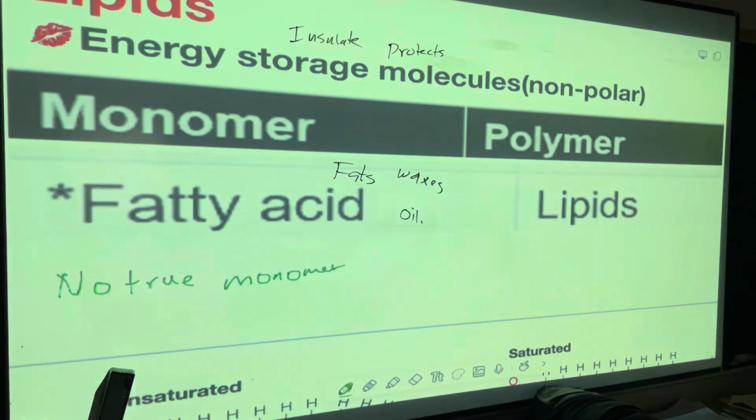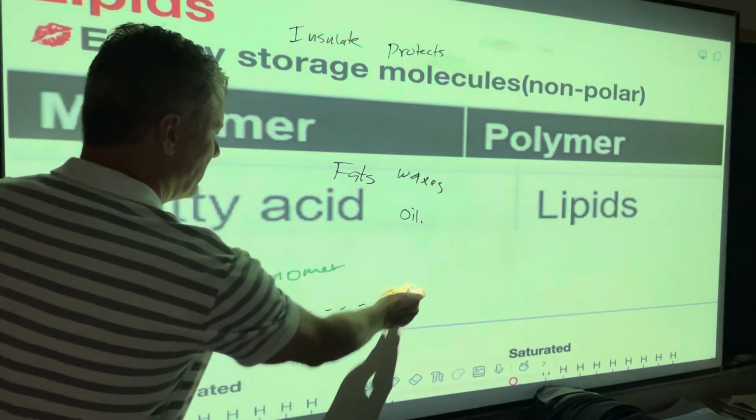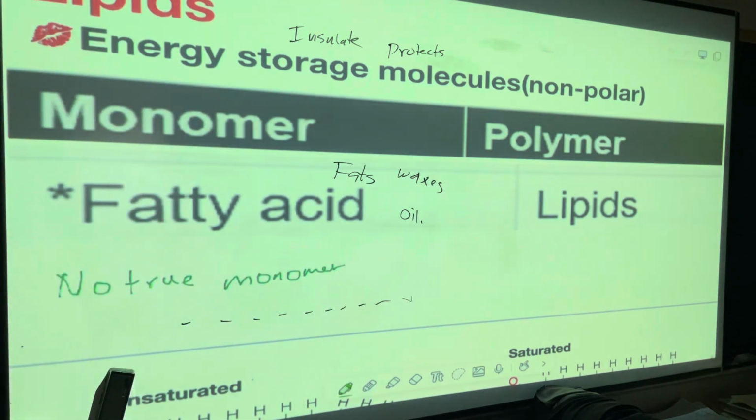Now, you notice there the monomer is a fatty acid, polymer is a lipid. They don't have true monomers. They're just big, bulky molecules, so you will never see individual ones in a chain. They're just big and bulky on their own. And you'll see that when we get a little more involved.